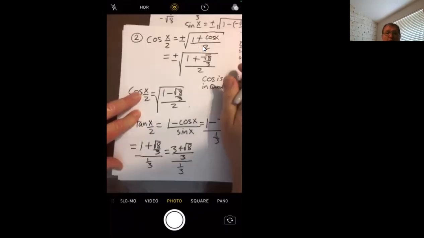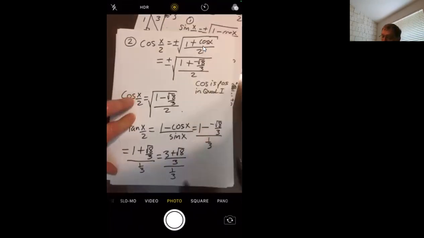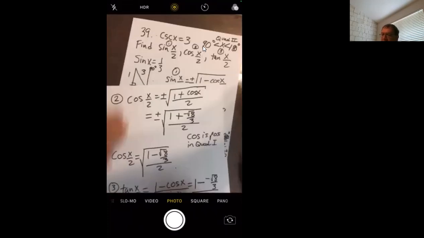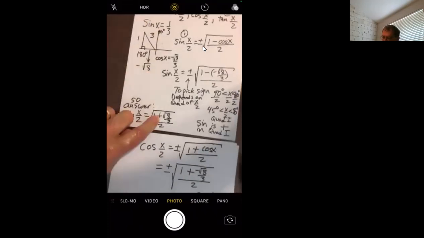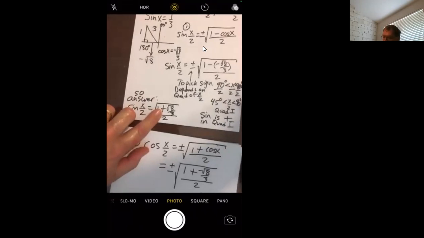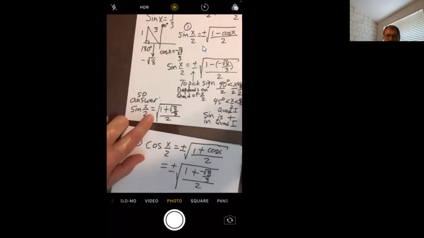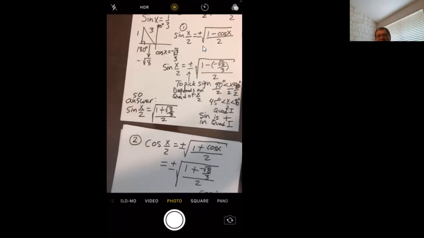Can you tell? Oops, look at the screen. Okay. Can you tell then the 3 flips around, cancels, and so you add 3 plus root 8. Tangent. You might be able to see it if you divided by this. You kind of tell the 2's are going to cancel. I don't know, it's hard to see in your head.